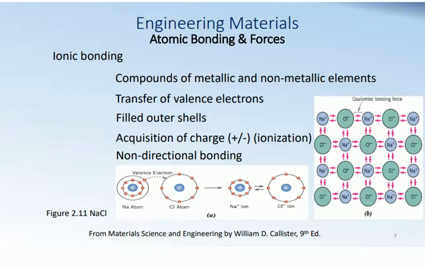This figure 2.11 is an example of sodium chloride, wherein sodium releases an electron and chlorine acquires an electron to get their outermost shell filled, and they get an inert state and become bonded. As both the atoms have their outer shells complete, this bonding results in non-directional bonding. In every direction, the effect of the bonding will be the same. And figure B shows us the Coulombic bonding forces that exist between sodium and chlorine.